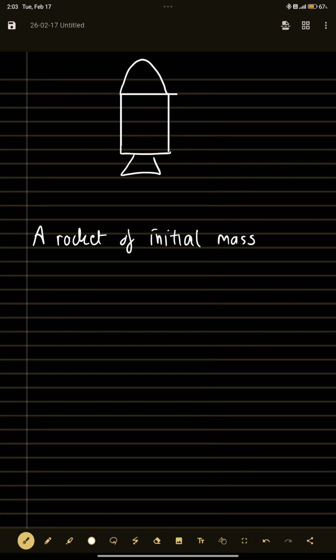This exhaust is expelled at a constant velocity Vr with respect to the nozzle. So this is with respect to the nozzle. The mass depletes at a constant rate r.